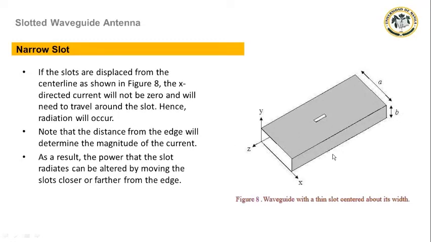If the slot is displaced from the center line, the x-directed current will not be zero and will need to travel around the slot, hence radiation will occur. Note that the distance from the edge will determine the magnitude of the current. As a result, the power that the slot radiates can be altered by moving the slot closer or farther from the edge.